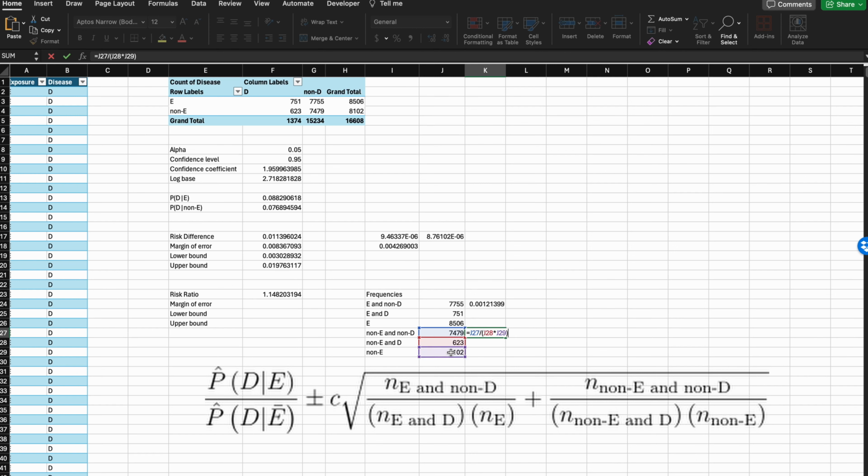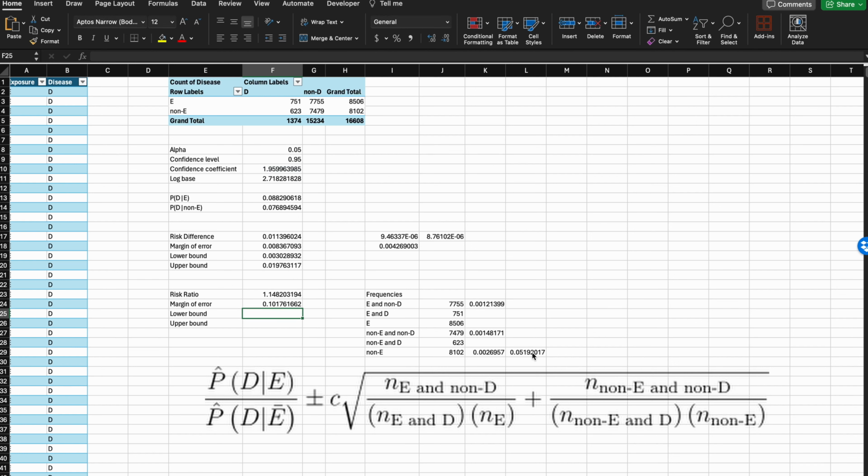Close my parentheses, and I get my second term. Now I need the sum of those two terms, so it's that value plus this value. And finally, we need the square root of this sum of terms. And now eventually we're ready to calculate our margin of error. That's going to equal this confidence coefficient times this final square root of terms. And we have our margin of error.